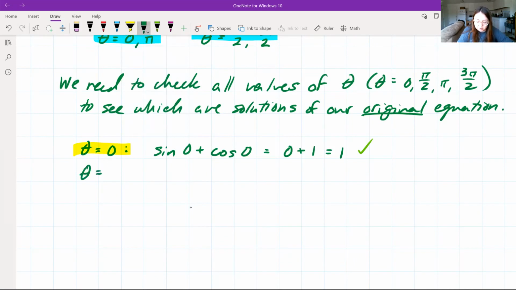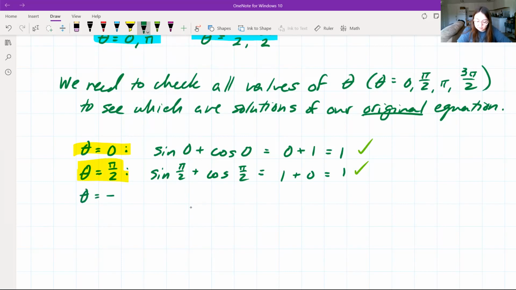Then our next value, theta, is equal to pi over 2. So we get sine of pi over 2 plus cosine of pi over 2 is going to be equal to 1 plus 0, which is 1. So this means that theta equals pi over 2 is also a solution.